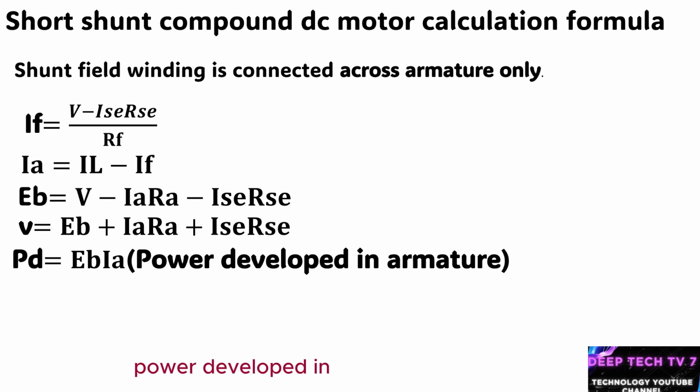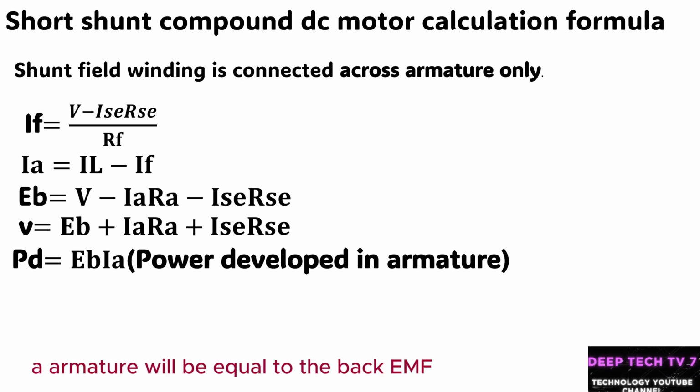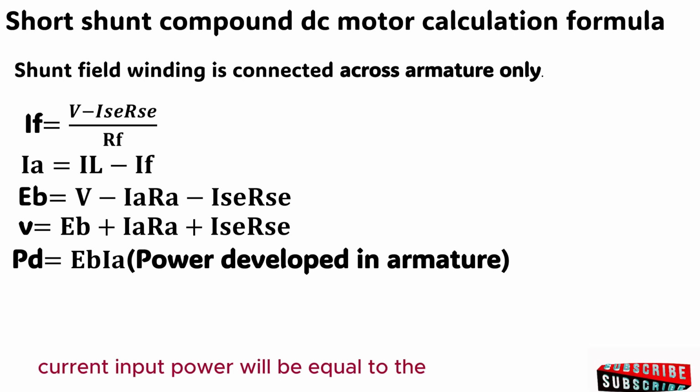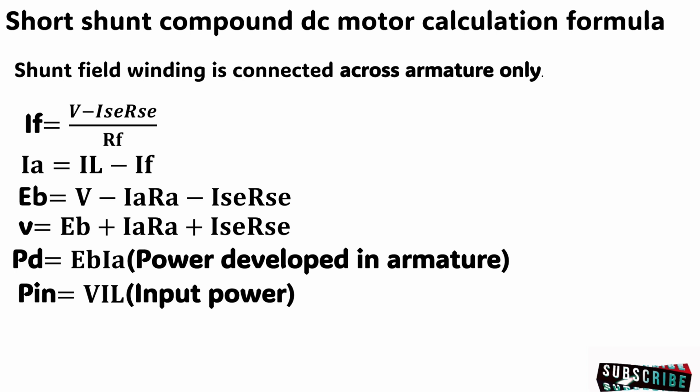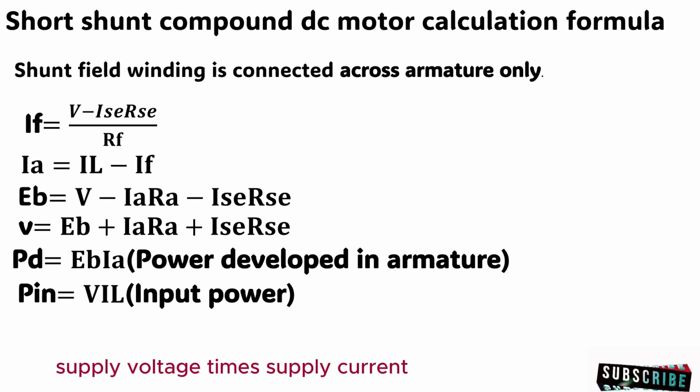Power developed in armature will be equal to the back EMF times armature current. Input power will be equal to the supply voltage times supply current.